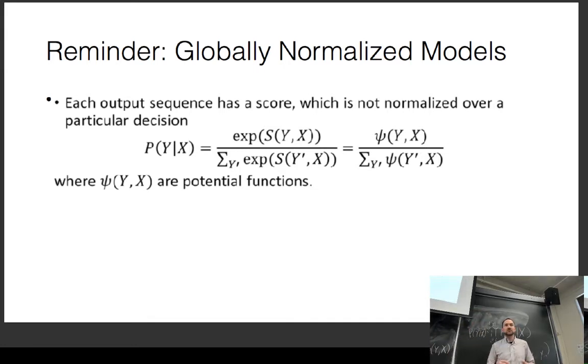So if you look here, we have these scores over the entire sequence, and this is not making any independence assumptions, right? This is not saying that y is independent of all the others. In order for y to be independent of all the others, you would basically need to approximate this score with the sum of scores over all the elements in the sequence.